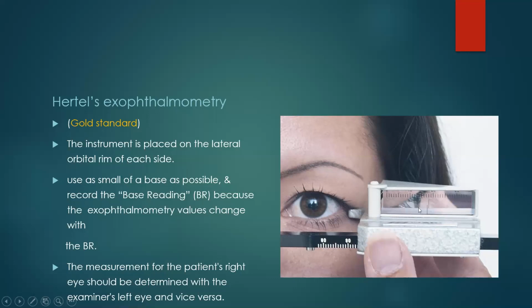So in the Hertel, we have to put the two lines, these orange lines, in front of each other so they form one line. Sometimes it's two orange, or sometimes one orange and one black. So we have to align them together to be one line. We have to look for the apex of the cornea and take the measurement for proptosis.